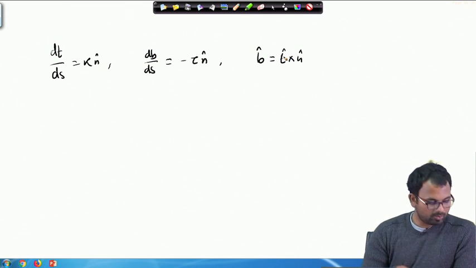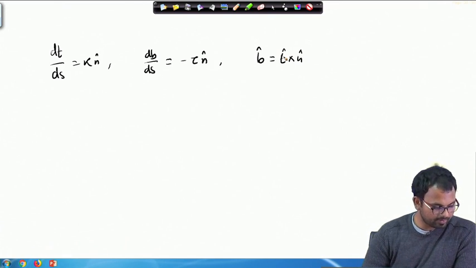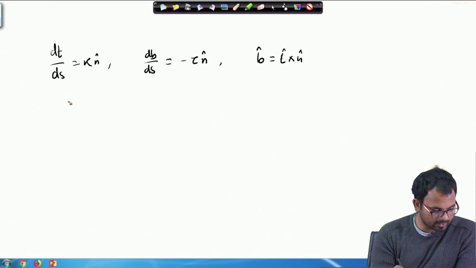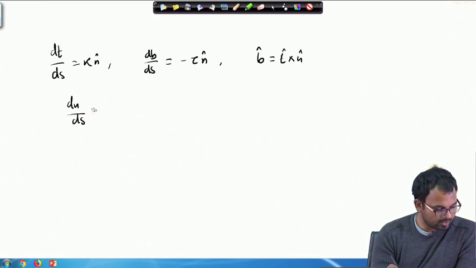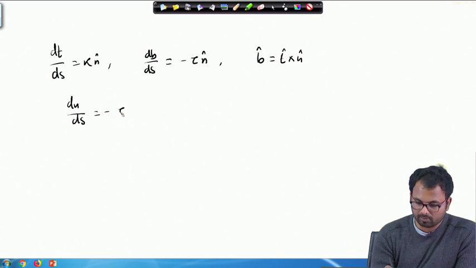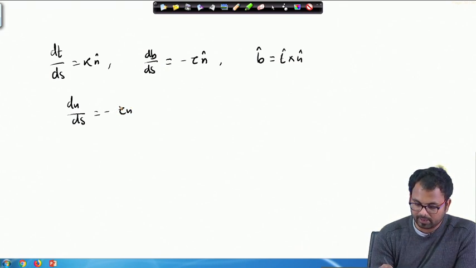So we derived these two relations, and we have obtained dB/ds.